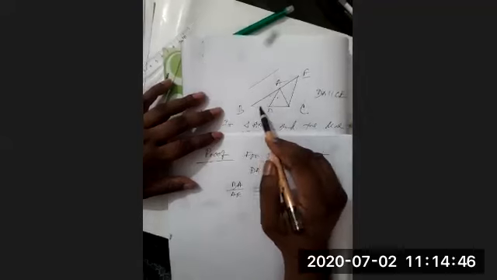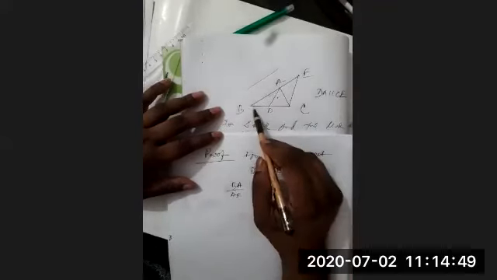For this reason, BA by AE equals BD by DC.